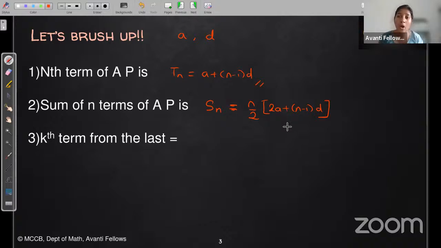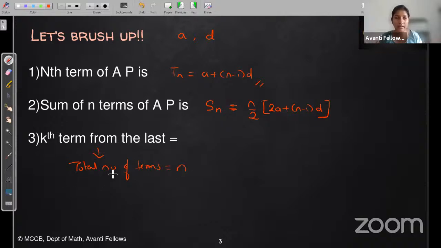We also learned some properties of arithmetic progression in our previous class. One of the properties was this: if the kth term is from the last, what will be the position of that term from the beginning? The total number of terms is equal to n.